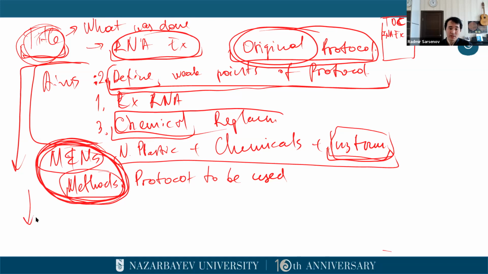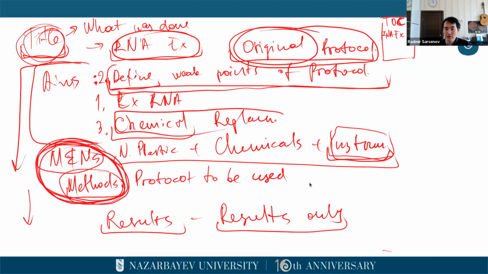Next, you obtain some results. In the results section, you only show results. So you don't say, okay, I have the value of 100 instead of the value of 50, and this happened because I made a mistake in calculation, etc. No, you just show the results.